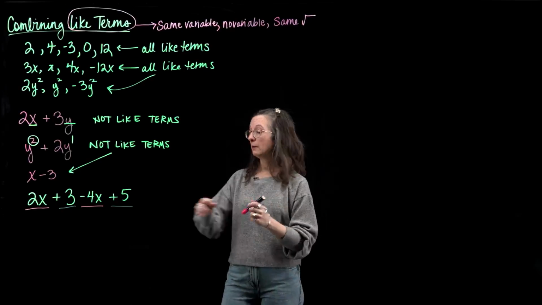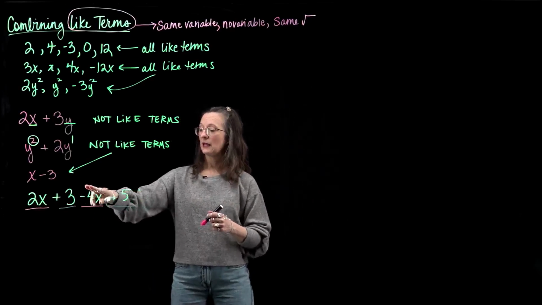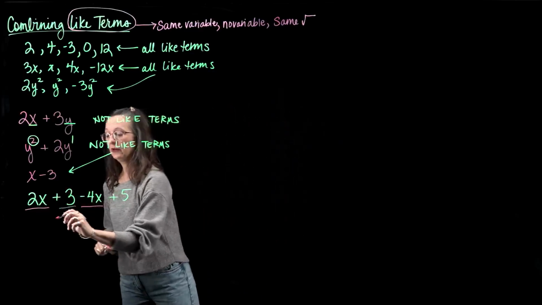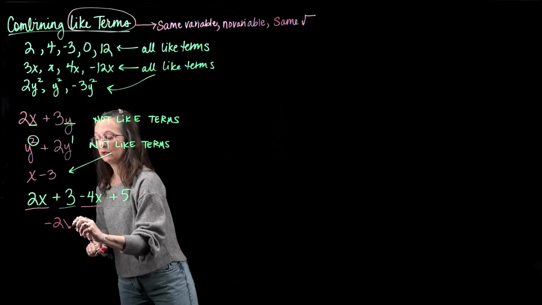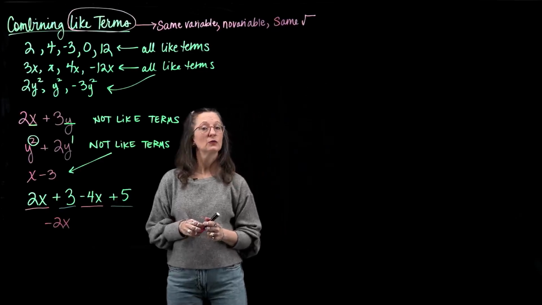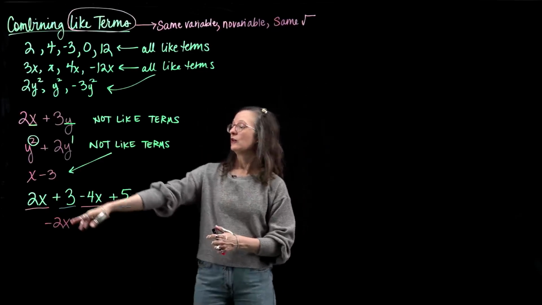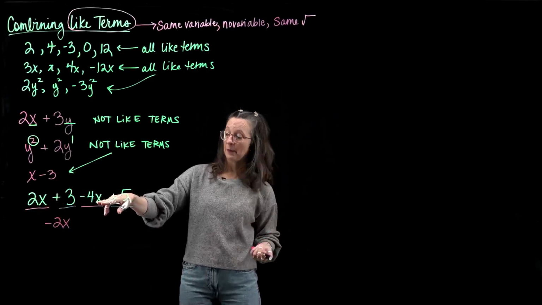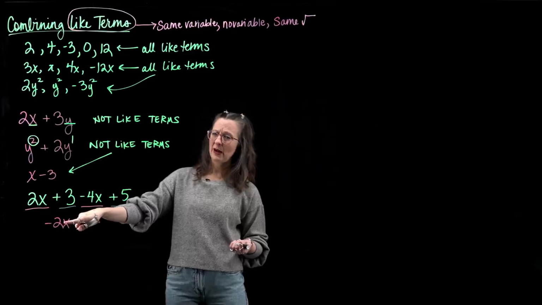So I can combine 2x and minus 4x together. That would give me -2x. Remember, with those negatives, we want to be super careful. So this is, I have 2 apples, I give away 4 apples. I am 2 apples short.